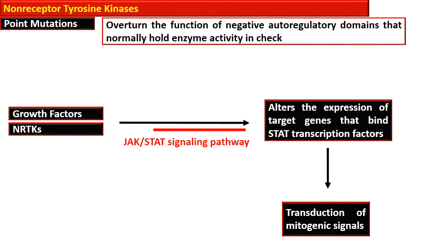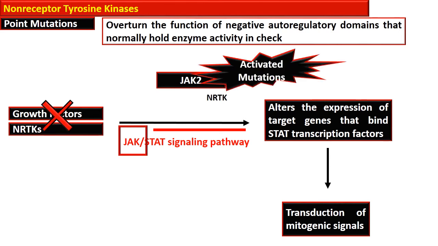When this JAK-STAT signaling pathway is activated, it alters the expression of the target genes that bind the STAT transcription factor. One component of this signaling pathway is JAK2, and this JAK2 is also a non-receptor tyrosine kinase, and it can get an activating mutation. If it gets an activating mutation, it will lead to its independence from the activation of growth factors, receptor tyrosine kinases, and other stimulatory factors.